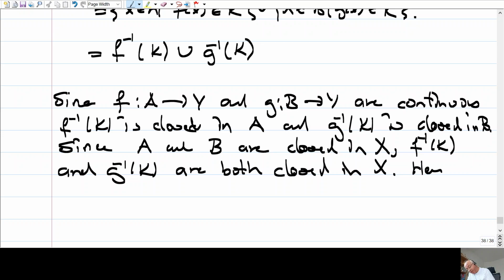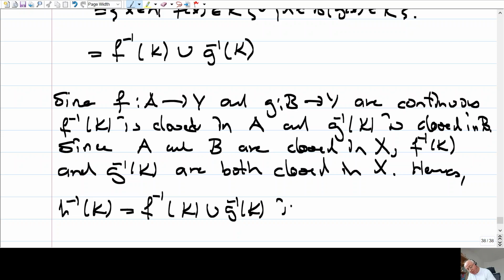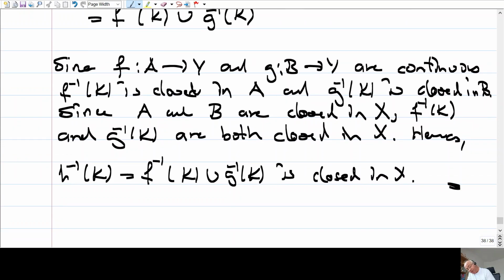Hence h inverse of K, which is f inverse of K union g inverse of K, is closed in X. Okay, and this finishes the proof, so that h from X to Y is continuous.